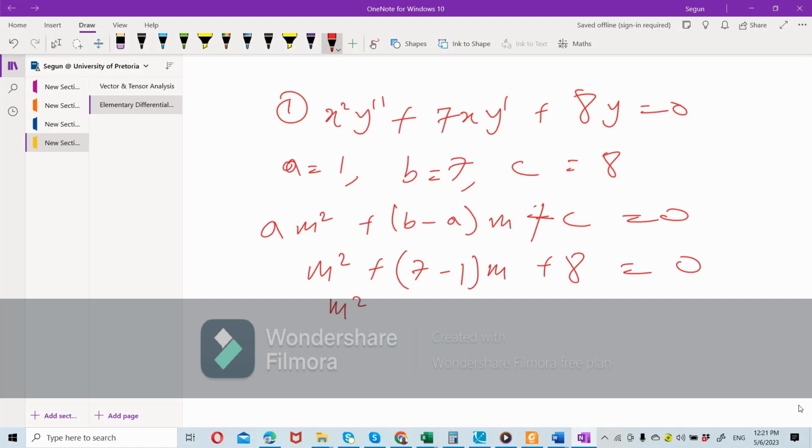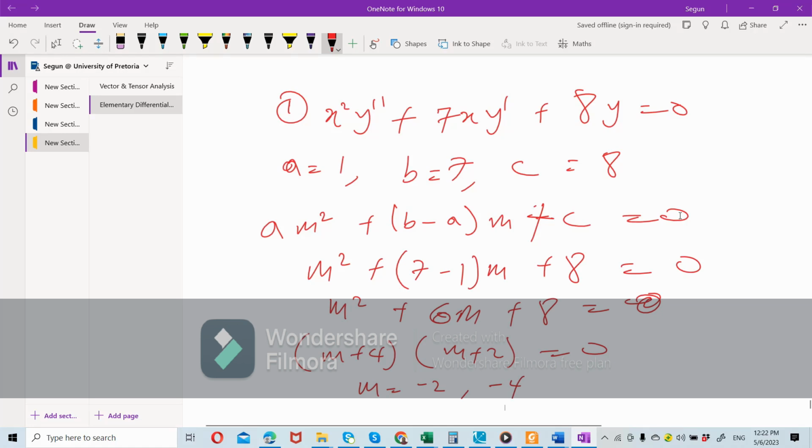What do you have? m squared plus 6m plus 8 equals to 0. You can break this one down to be what? (m plus 4)(m plus 2) equals to 0. m equals to minus 2 or minus 4. All right? Yes, sir.